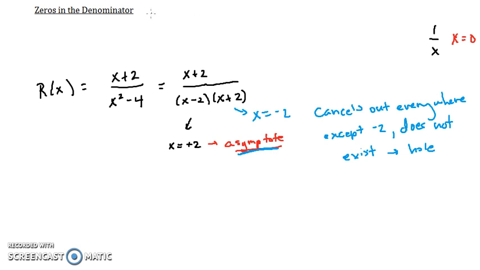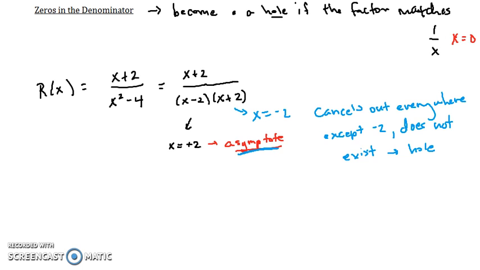Okay, so to look at these in general, zeros in the denominator become a hole if the factor matches the numerator.